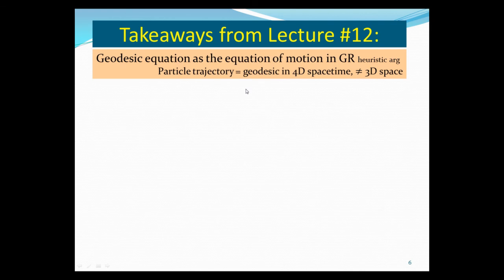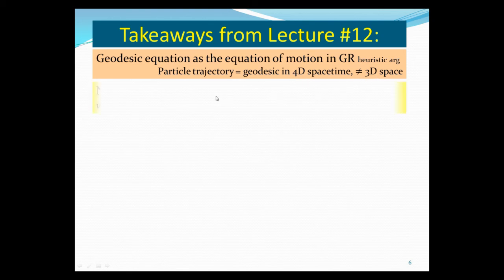Okay, the takeaways of lecture 12. We learned that the geodesic equation is the equation of motion in GR. We only derived this heuristically, but later on we'll give a more formal derivation. A particle trajectory in space-time is a geodesic in four-dimensional space-time, not to be confused with a geodesic in 3D space.